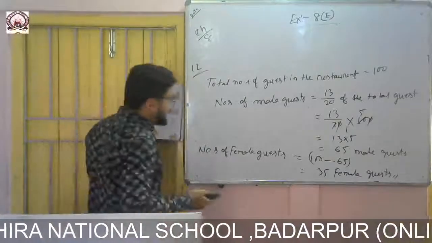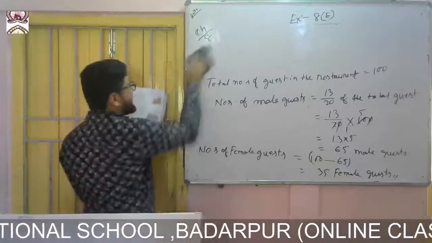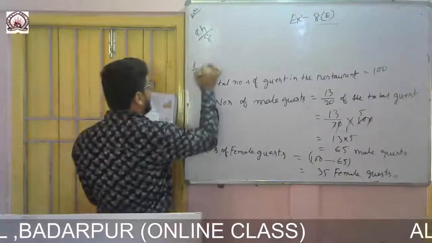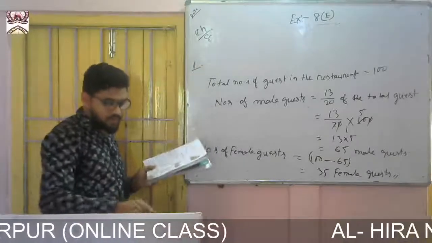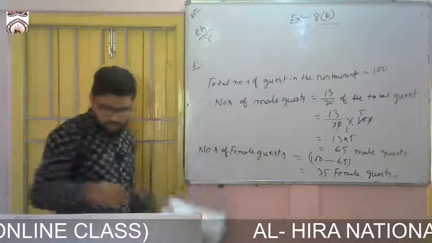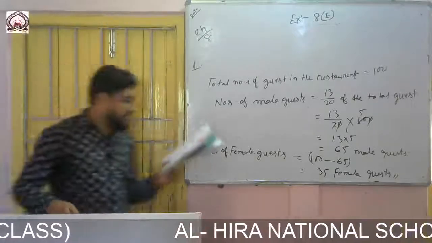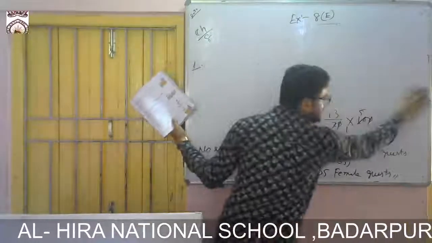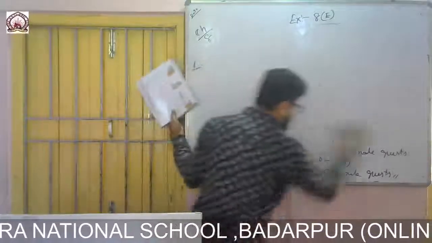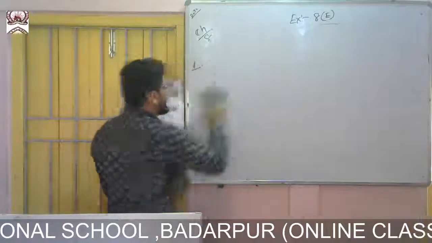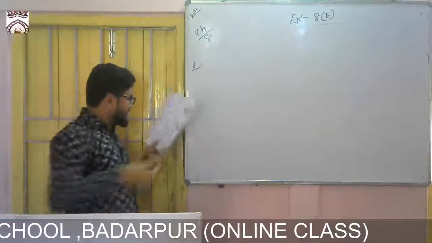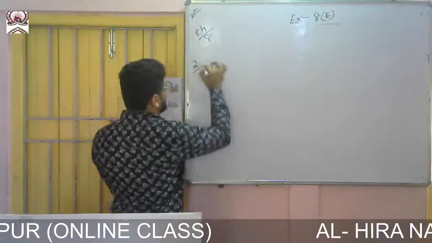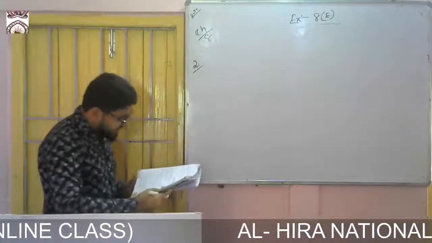So 8E question number 1 is finished. Now come to question number 2. So in question number 2, what is given?